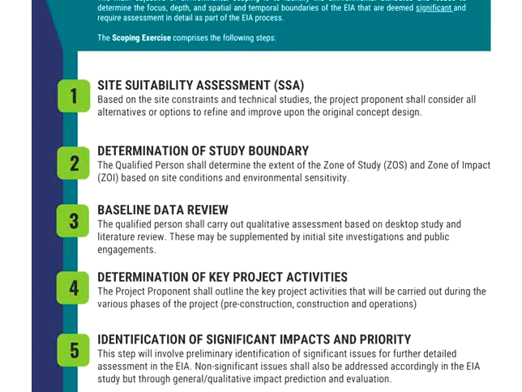When we talk about the study boundary, pay attention to two phrases: zone of study, ZOS, and zone of impact, ZOI. The two phrases seem to be similar. They are referring to a zone or an area, but by definition they are different.